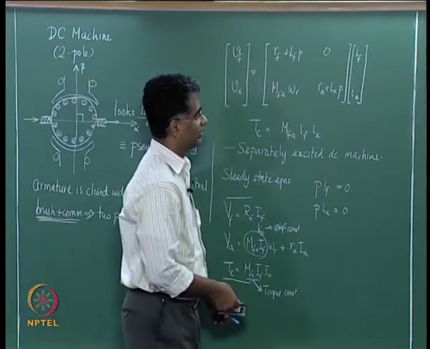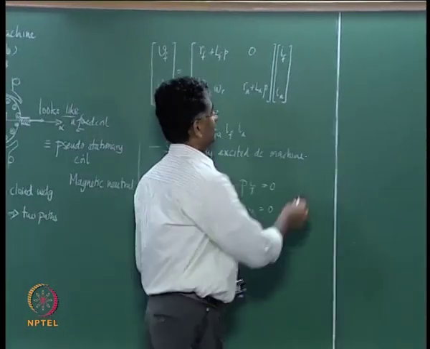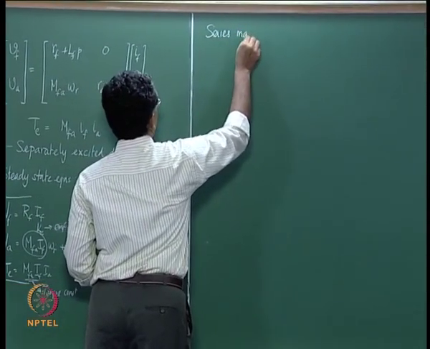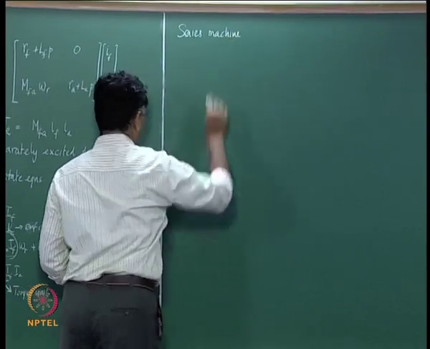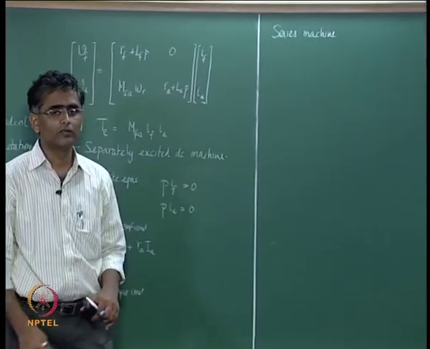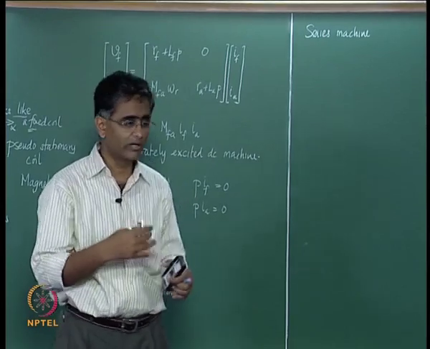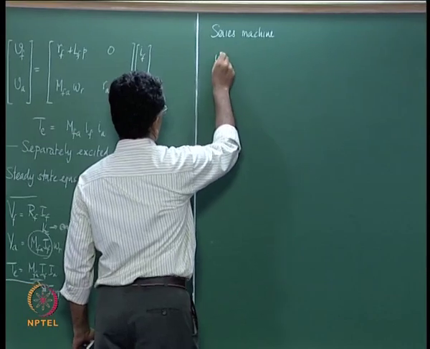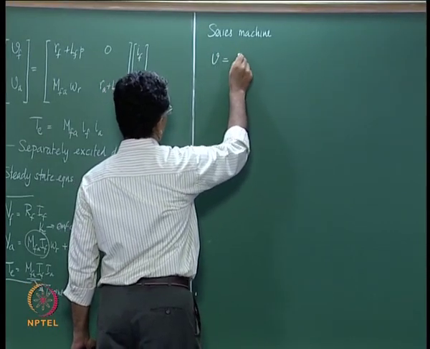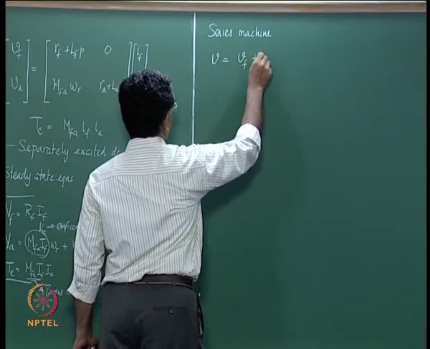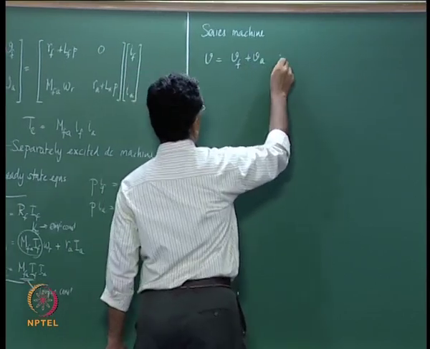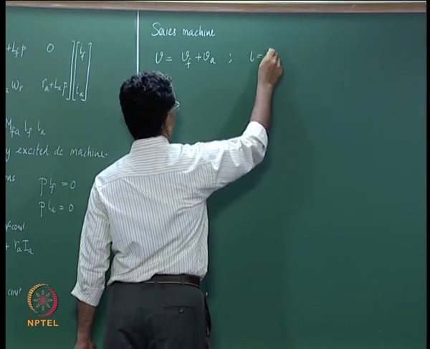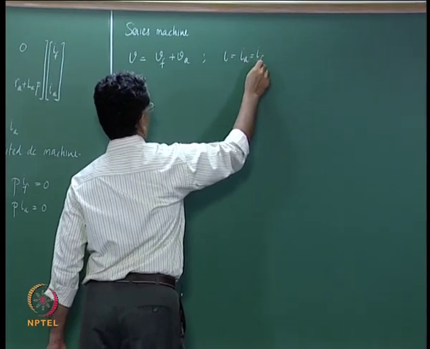One can of course derive the expression for a series DC machine. If it is a series machine, both the field and armature are going to be connected in series, and therefore you have applied voltage V is nothing but Vf plus Va, and then you have the armature current, the net current flowing is equal to Ia, which is the same as If.